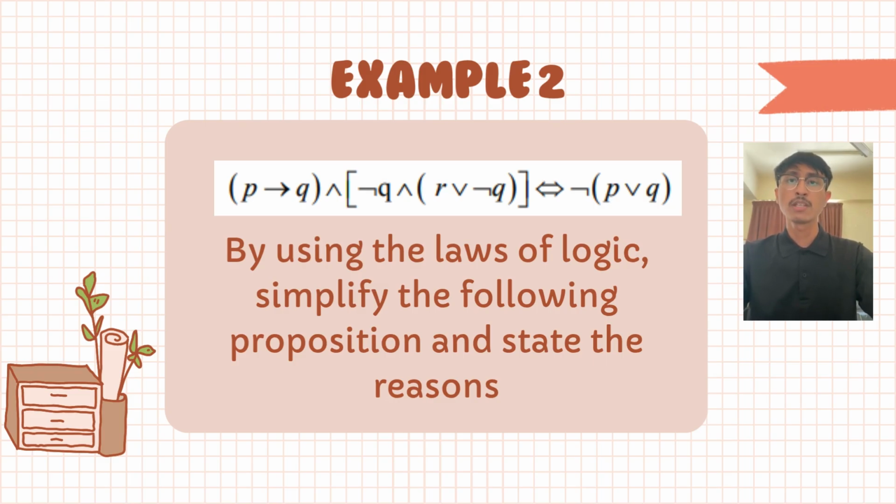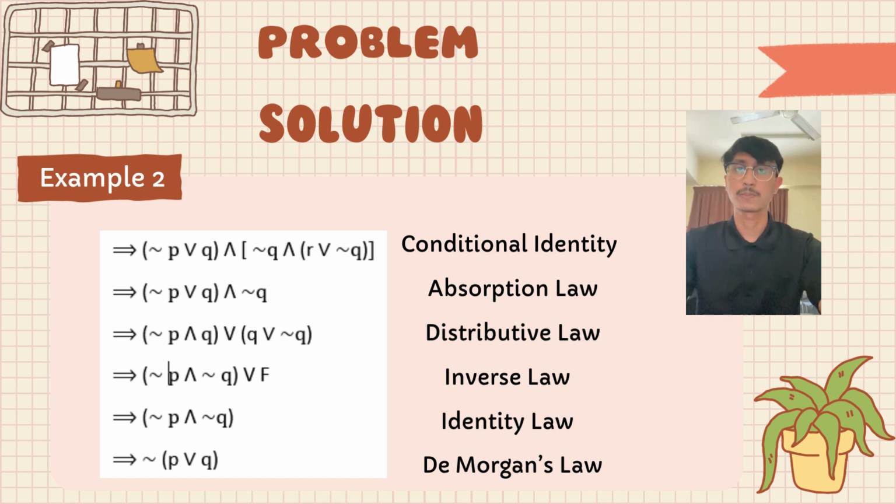As you can see in this question, the answer has been given. So in this case, we need to solve it by doing the workflow and also state the laws of logic that we use in this question. Without further ado, let's solve this question.